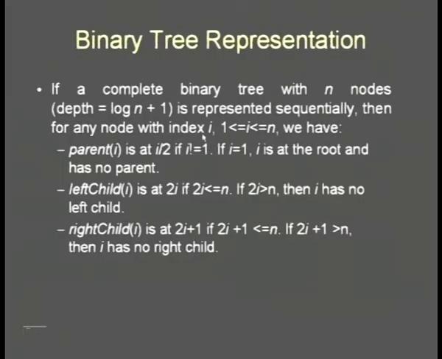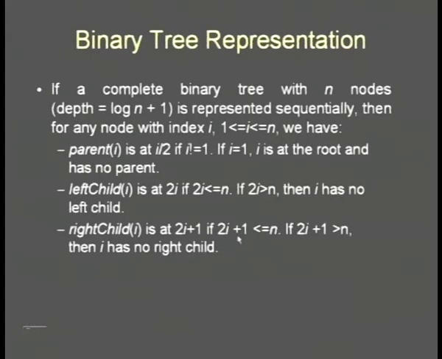Then for any node with index I, where I varies between 1 and n, the parent of I is I by 2, and of course if I is the root, it has no parent, so you cannot define a parent of I. Then the left child is at 2I, but if there is no left child, then of course you won't get one, and the right child is at 2I plus 1.